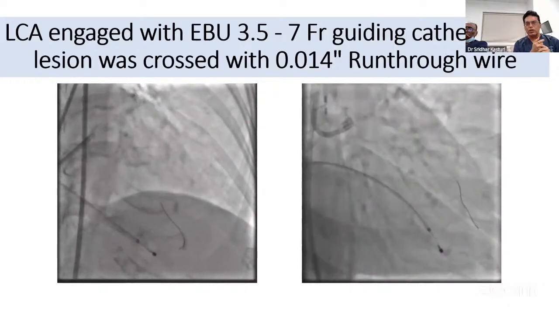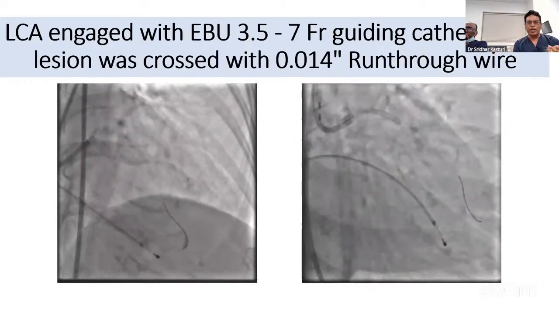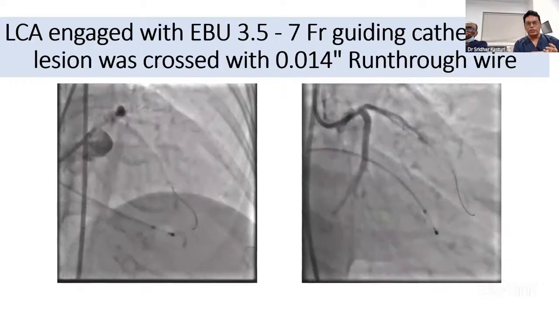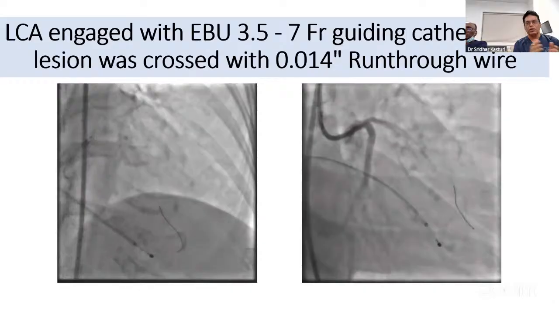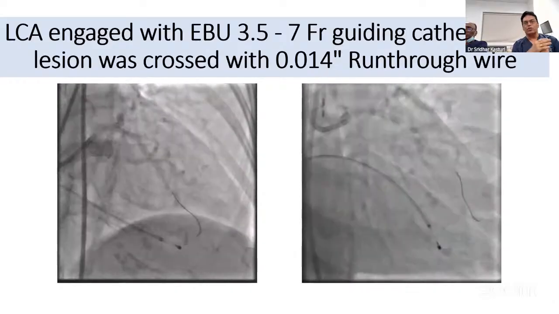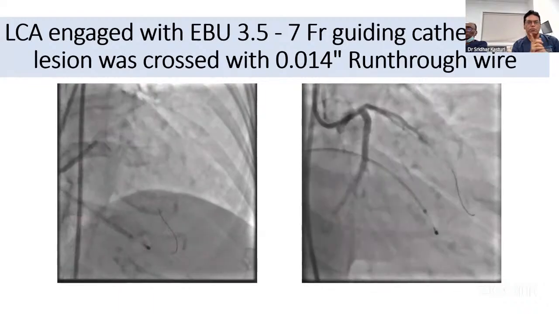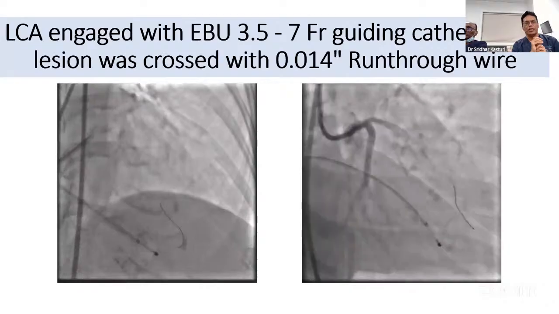If something goes wrong with the LCX, which is very unlikely, then we may have to go with either T-tap or the Culotte technique. So our intention is to convert into Culotte or T-tap if something goes wrong with the side branch, but based upon the angiogram images, that is very unlikely.